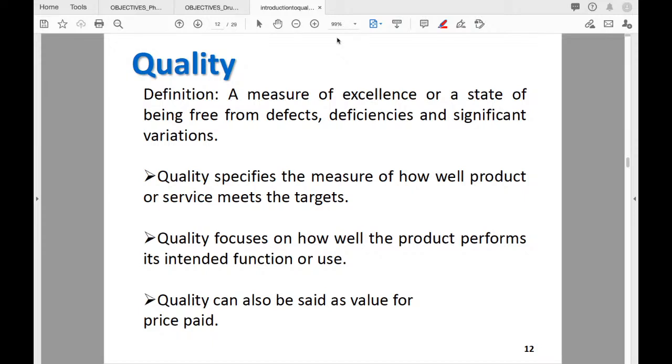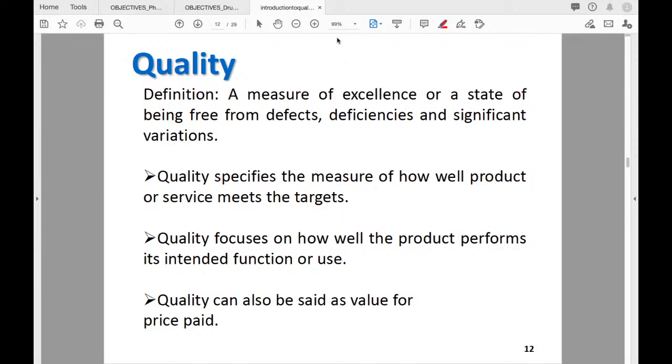That's the parameter of quality. Quality specifies the measure of how well a product or service meets the targets, what you want to provide to the client, to the audience, whether it meets all the specifications for our audience. Quality also focuses on how well the product performs its intended functions or use.